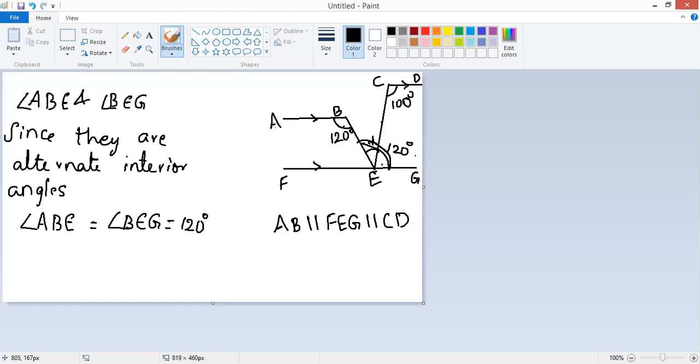In the same way, CD is parallel to FEG. If we consider CE as a transversal, we observe that angle DCE and angle CEG are co-interior angles, meaning they lie inside the parallel lines and on the same side of the transversal.